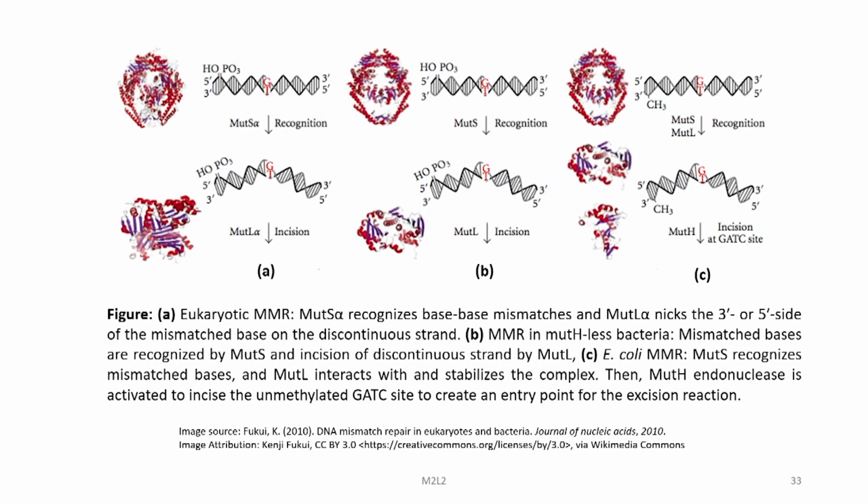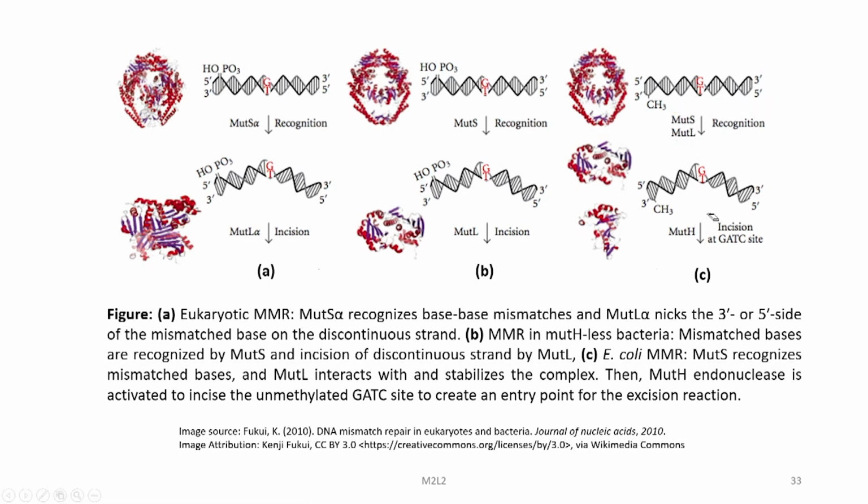In B, you can see the MMR in MutH-less bacteria where mismatched bases are recognized by MutS and incision of the discontinuous strand by MutL. In figure C is the E. coli MMR. Here MutS recognizes mismatched bases and MutL interacts with and stabilizes the complex.